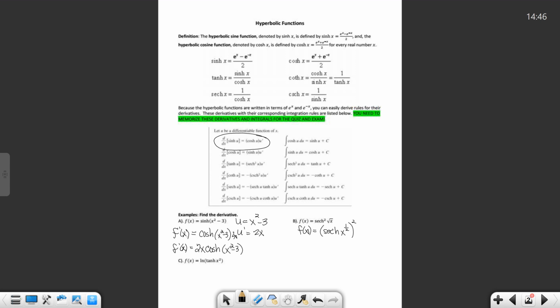Let's take the derivative. In this case, u is the square root of x, or x to the 1/2, so u prime is 1/2 x to the negative 1/2, or 1/2 square root of x.